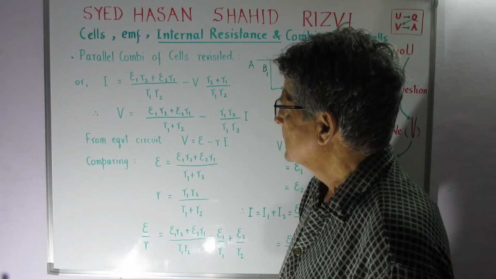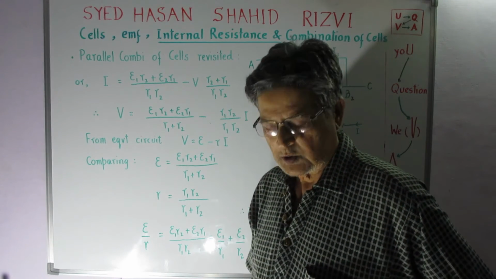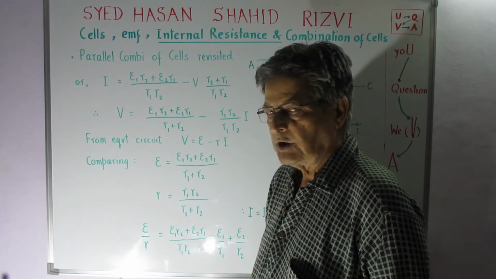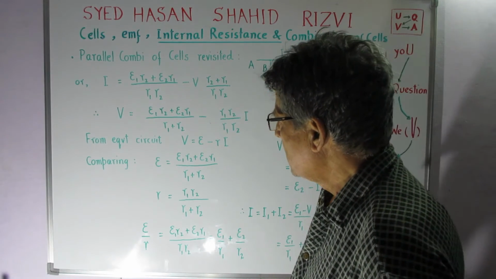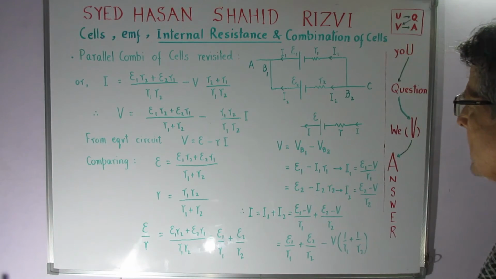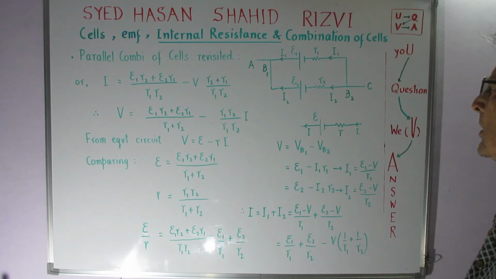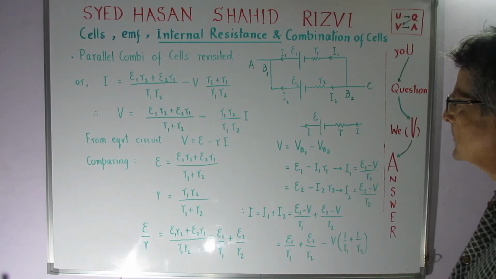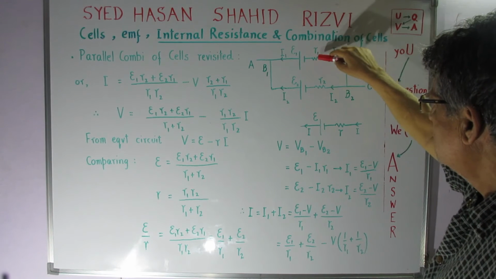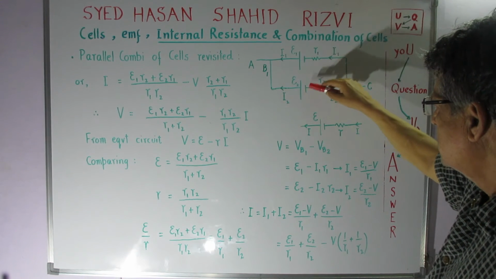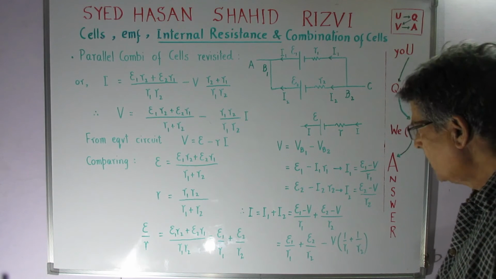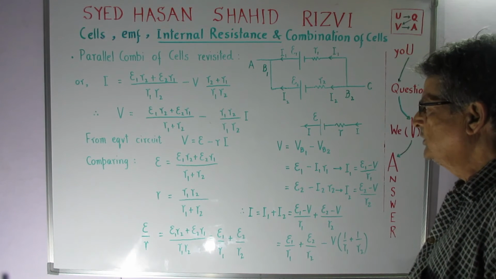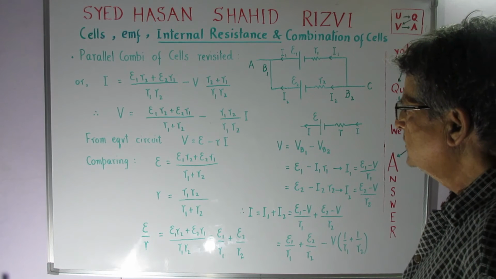So after the solution of the problem that we have taken, let's revisit the parallel combination of cells. So we draw 2 cells in parallel between the points A and C: E1, R1 and E2, R2, where I have taken the points P1 and P2 for the sake of potential.